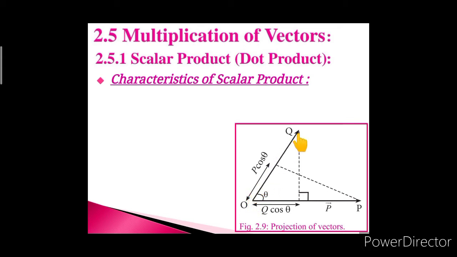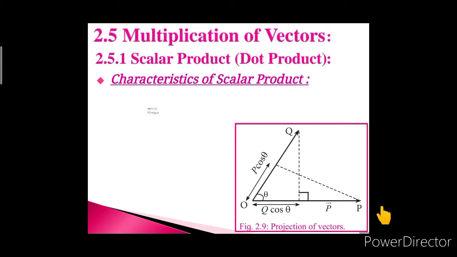Similarly, from the point Q, we drop a perpendicular line on the vector P, and in this right angle triangle, we get the adjacent by taking the value of cos theta, which is adjacent upon hypotenuse, and the hypotenuse over here is q. So the value of this adjacent is q cos theta.